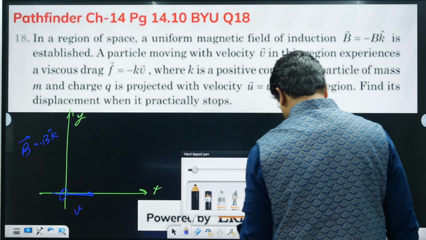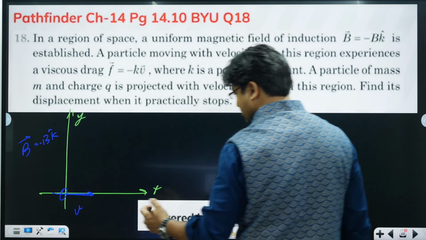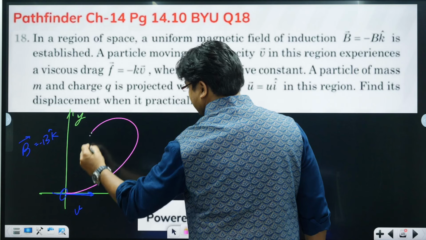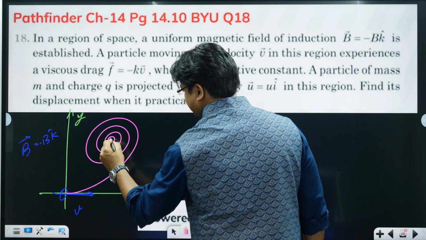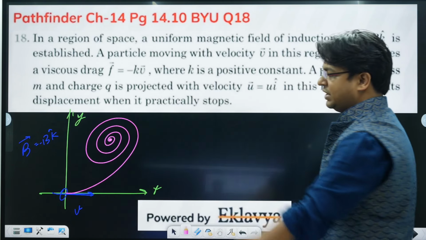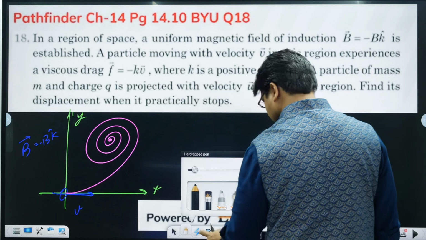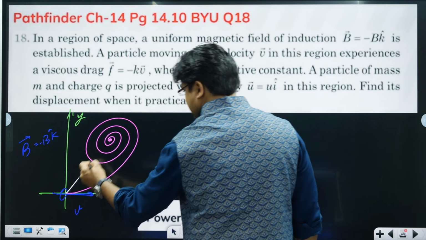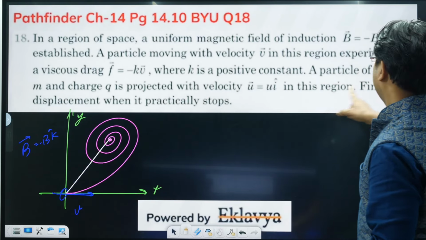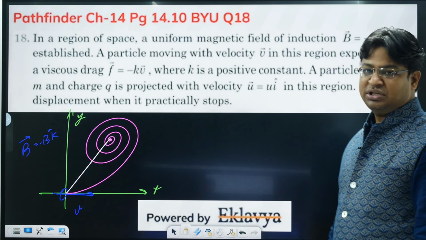When you think about these two things, you conclude that the particle should probably move like this, and then it should come to a stop. So the question is asking us this distance.